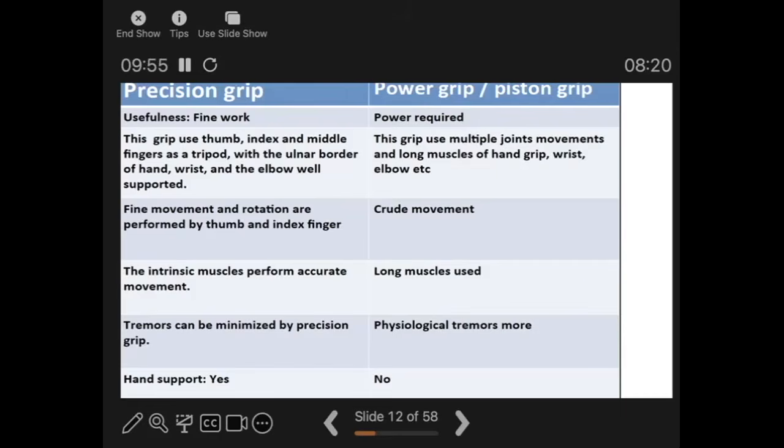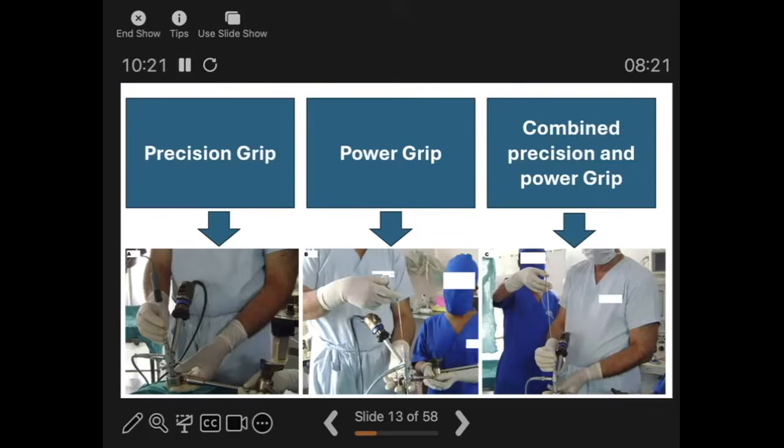In contrast, the power or piston grip relies on larger muscle groups to apply force, but it sacrifices accuracy, increases tremors, and offers poor support. Precision grip is best for safe and controlled work.